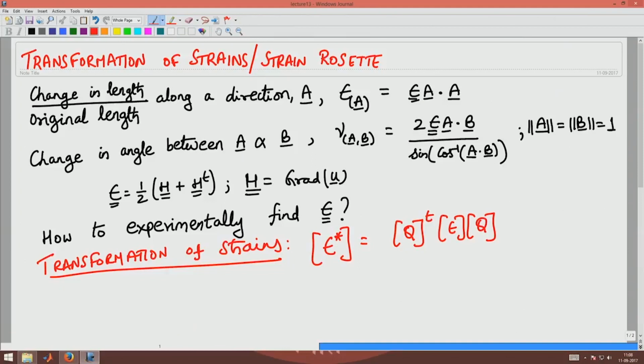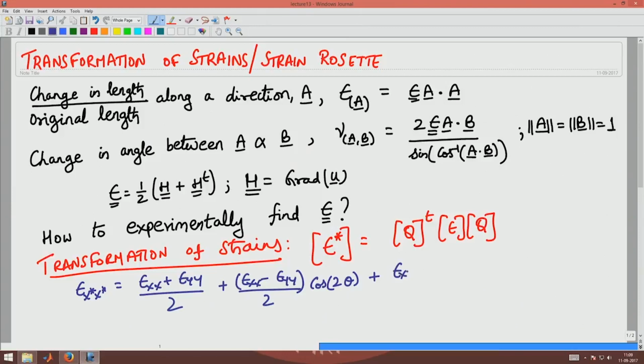In particular, these expressions that we got for sigma x star will hold for epsilon x star also: epsilon xx plus epsilon yy by 2, plus epsilon xx minus epsilon yy by 2 cos 2 theta, plus epsilon xy sin of 2 theta.